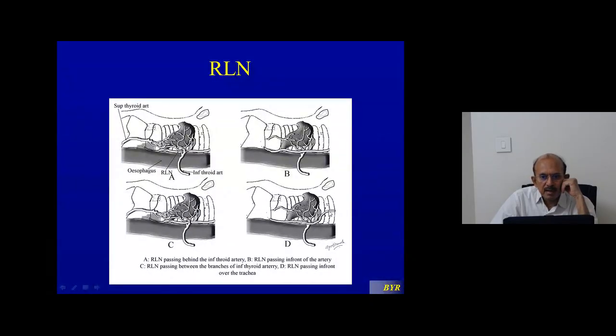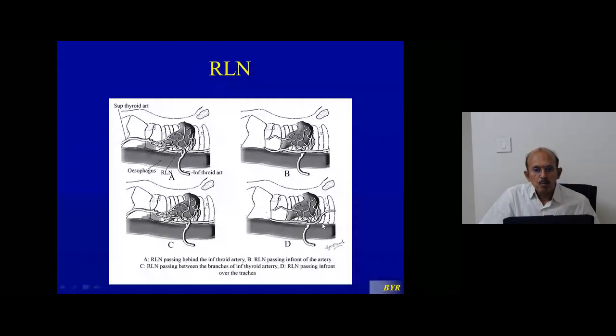It passes over the trachea, then passes along the posterior border of the thyroid gland, and then disappears into the larynx. So its position may be variable in relation to the inferior thyroid artery. That's why there is no constant relationship to the inferior thyroid artery. You must always search for the nerve, look at the nerve, protect the nerve, and then ligate the inferior thyroid artery. That is the only safest way by which you can protect this nerve.